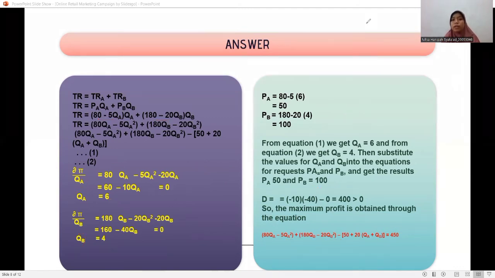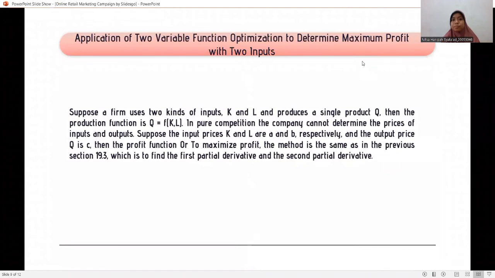After this, let's learn about the application of two-variable function optimization to determine maximum profit with two inputs. Suppose a firm uses two kinds of input, K and L, and produces a single product Q, then the production function is Q equals f(K, L). In perfect competition, the company cannot determine the price of input and output.